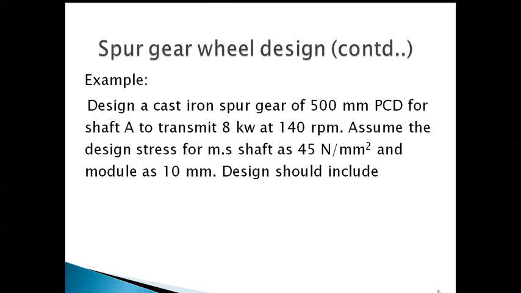The next one is: design a cast iron spur gear of 500 mm PCD for a shaft to transmit 8 kilowatt at 140 rpm. Assume the design stress for the mild steel shaft as 45 Newton per mm square and the module as 10 mm.